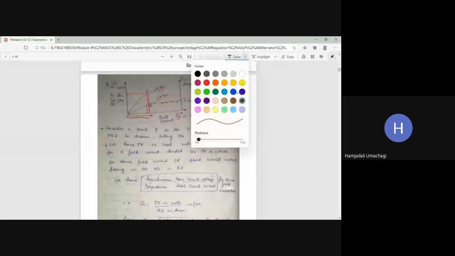Okay, now how to calculate ZS? We have synchronous impedance. Synchronous impedance is denoted as ZS.